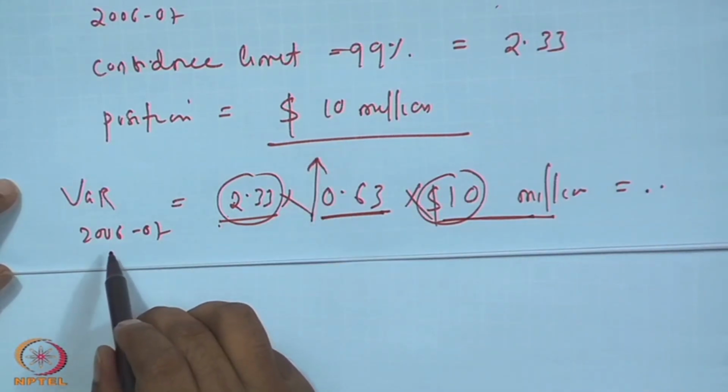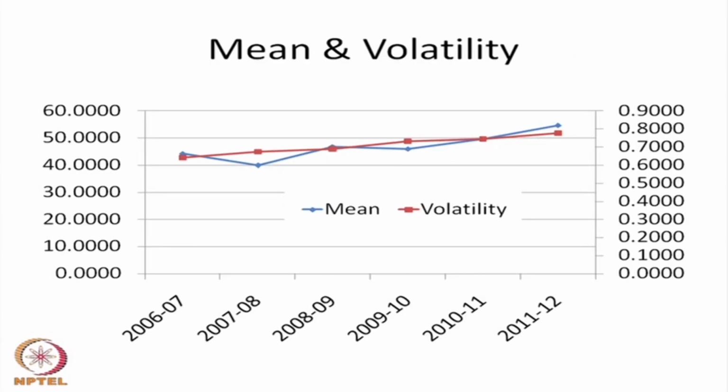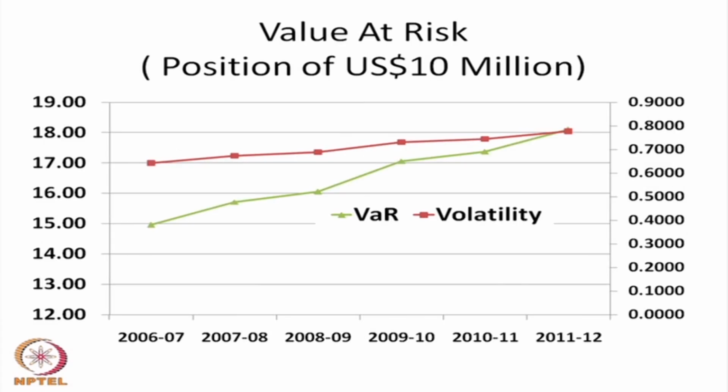How will my loss increase if the volatility is more? If you see the data, the volatility is increasing over the years, and my positional loss for the $10 million position also keeps increasing.